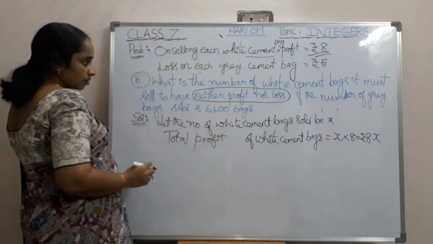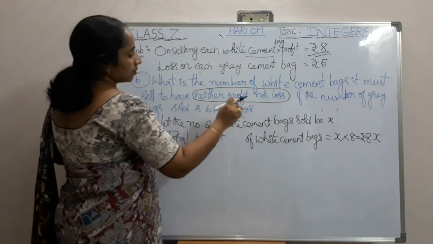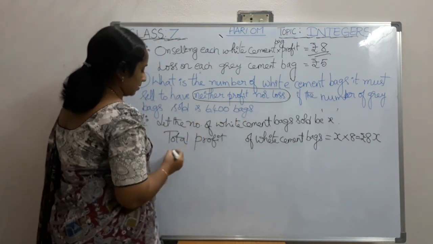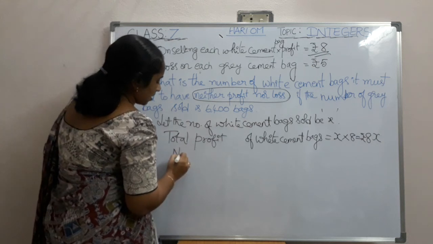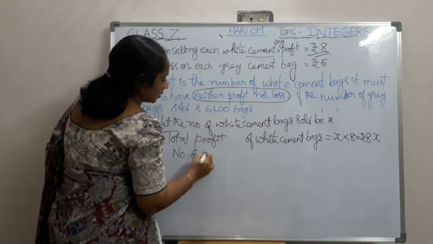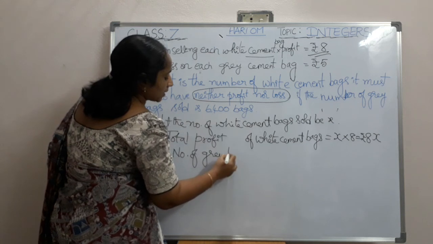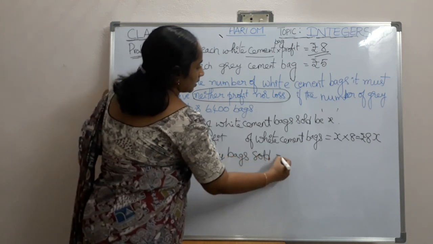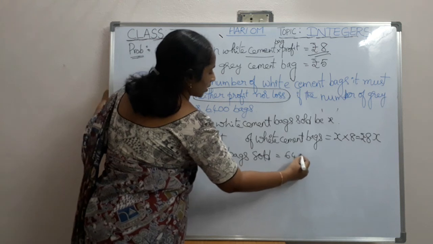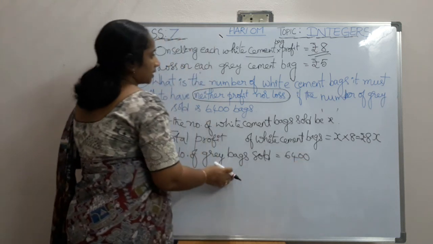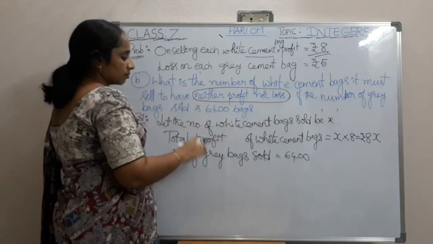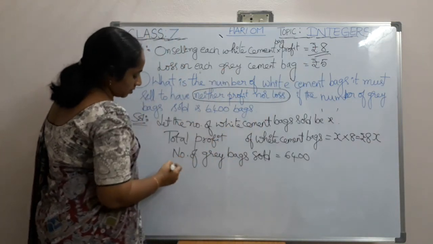Now here the number of grey bags sold is equal to 6400. What is loss on each grey bag? 5 rupees.